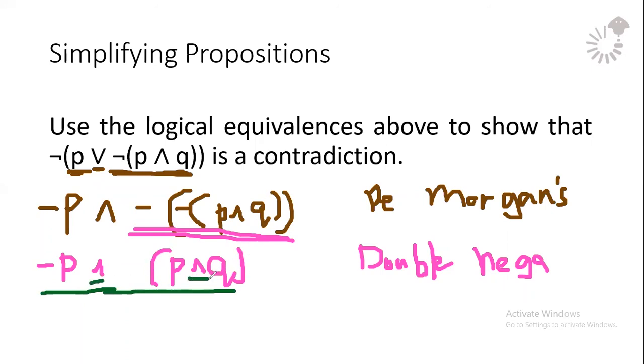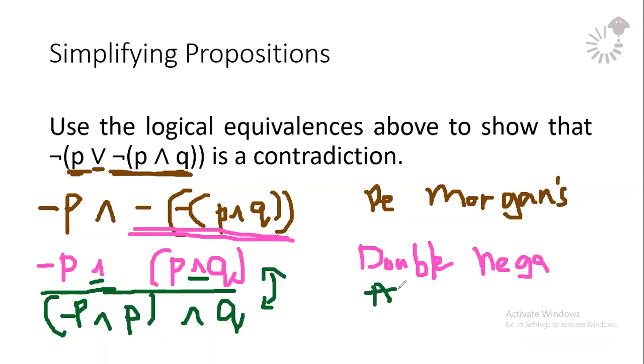Tapos, pareho ng operators, we can associate na. So, this one is equivalent to negative P and P, yan yung nakagroup, and Q. Equivalent lang daw yan. So, itong dalawa ay equivalent dito, with following the associative rule or associative law. Follow?